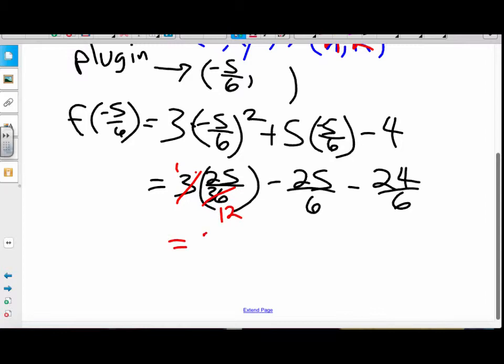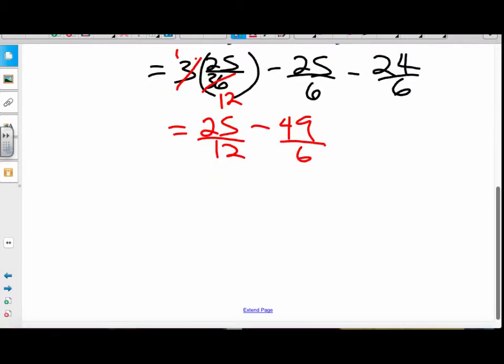So the next line, I have 25 over 12 minus 49 over 6. So what do I do now? Well, this is a lot of work, isn't it? Multiply top and bottom of 49 over 6 by 2 to get a common denominator. Somebody help me out with a calculator, please.